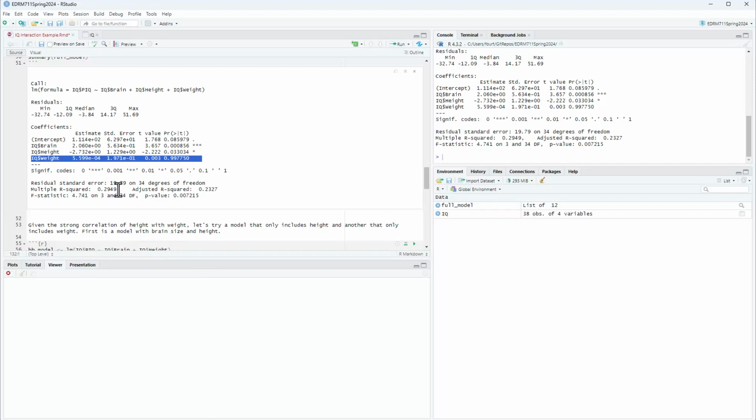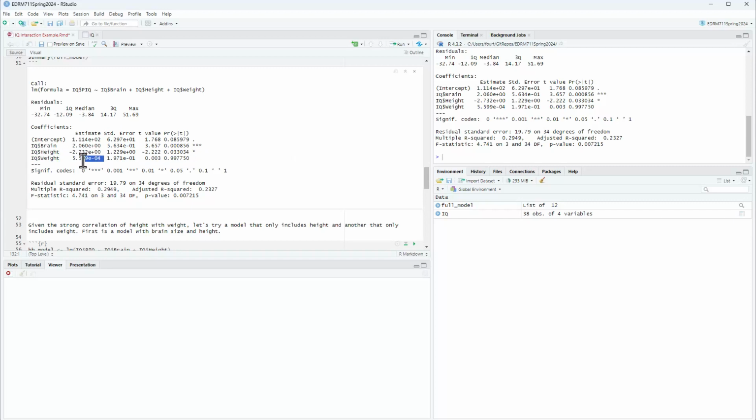I also notice that about 30% of the variation in IQs can be explained by or is associated with variation in brain size, height, and weight, although as I already pointed out, weight is really not doing much of anything here.